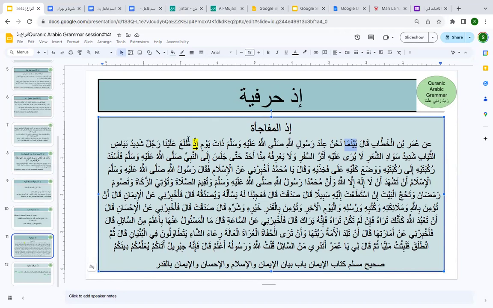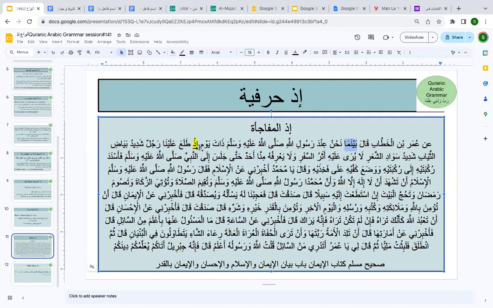So here you see that Umar bin Khattab radiallahu ta'ala anhu is narrating a hadith that we were sitting with the Prophet sallallahu alaihi wasallam that day. Suddenly, tala'a alayna rajul, a man came upon us. Okay, a very famous hadith. Yes, hadith of Jibreel.